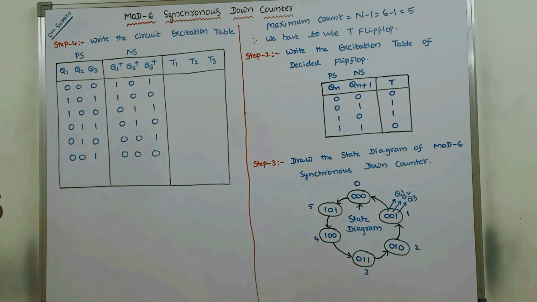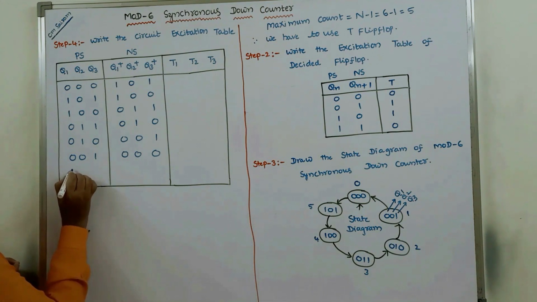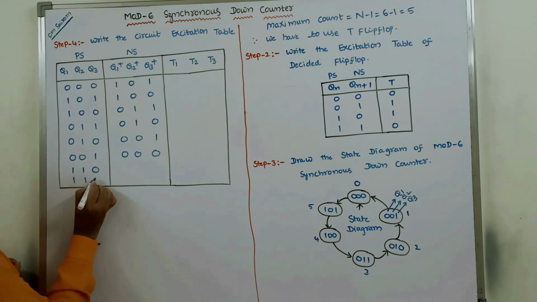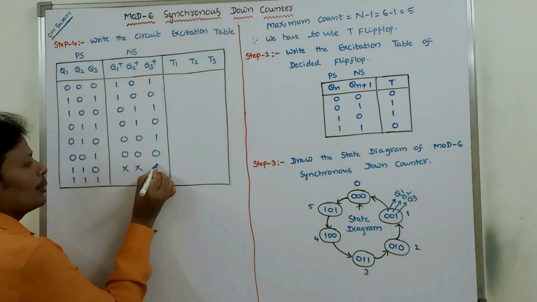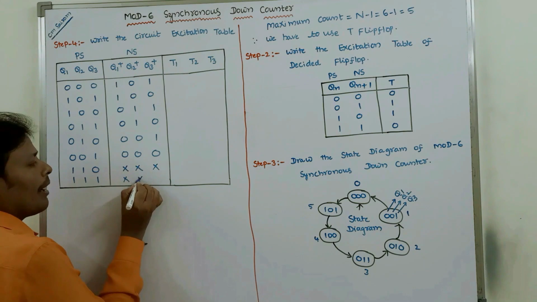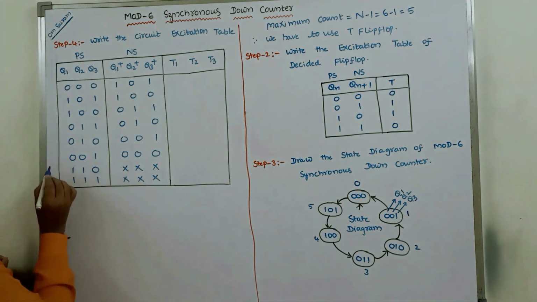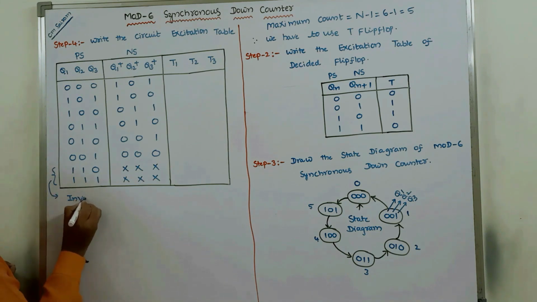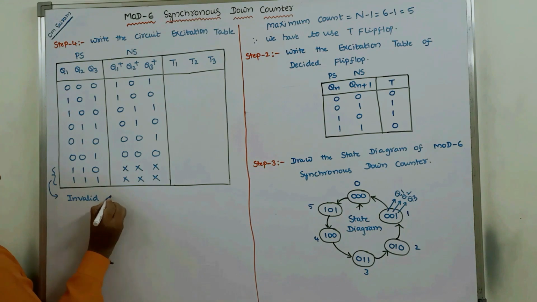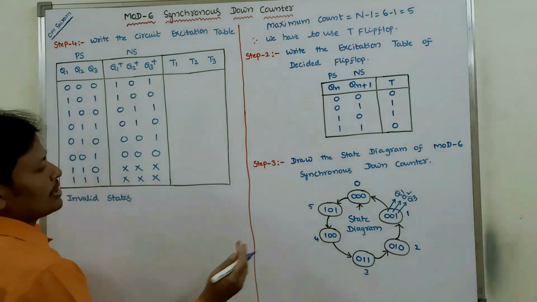The remaining possible combinations, that are 1 1 0 and 1 1 1, the next state is don't care because they are invalid states. These two states are called invalid states. Invalid states cannot be represented in the state diagram.